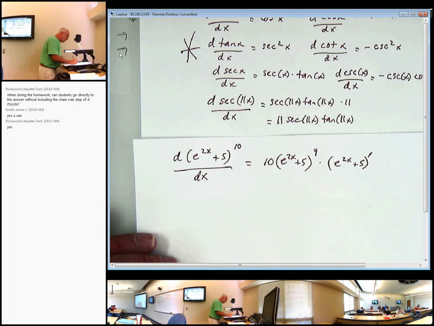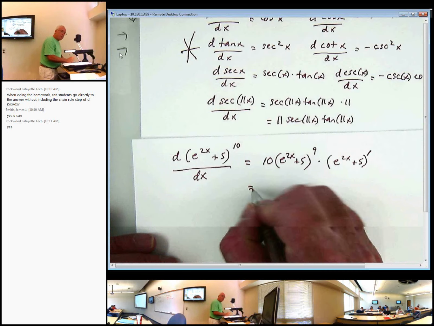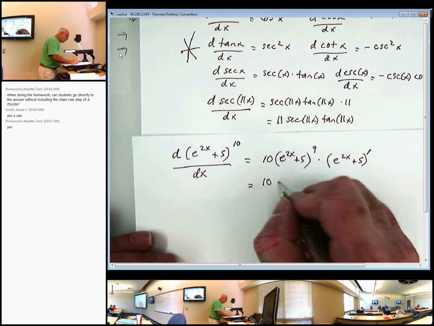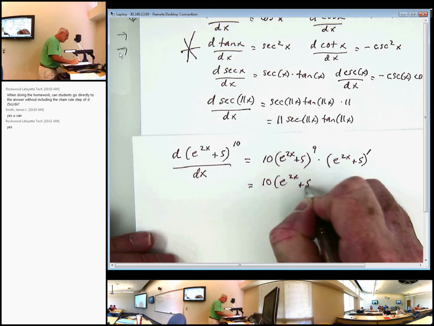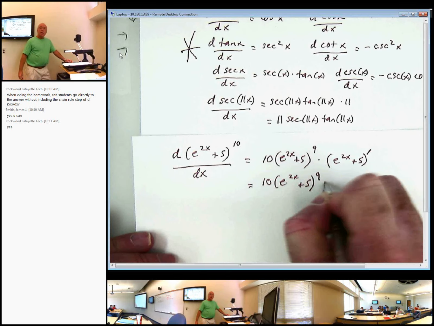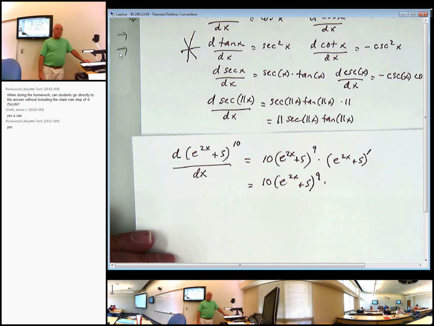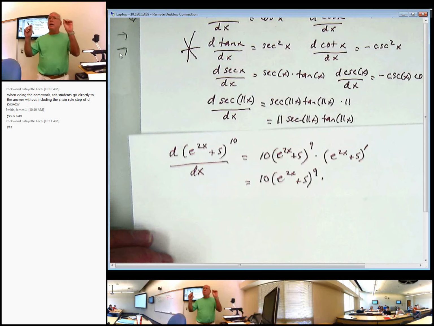And so this is going to equal what? 10 e to the 2x plus 5 to the 9th power times, and then what am I going to get for the derivative of that parentheses? Right, because the 5 is going to drop to a 0, so what's the derivative of e to the 2x then?